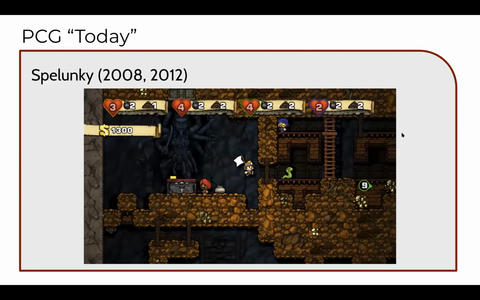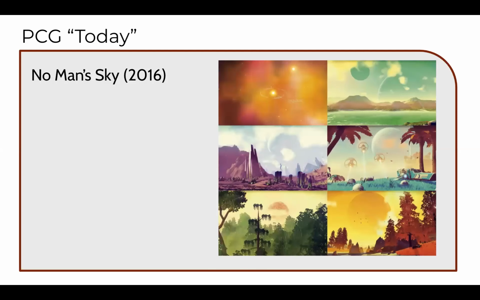And one of my personal favorites, Spelunky, is a dungeon crawler game, originally from 2008, and then they remade it for the Xbox and gave it a visual facelift in 2012. But yeah, it's also basically a platformer dungeon that works exactly like the genre leads people to expect. It gets more and more difficult as you go.